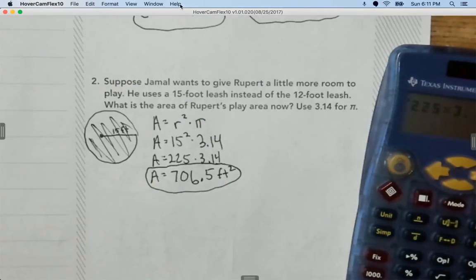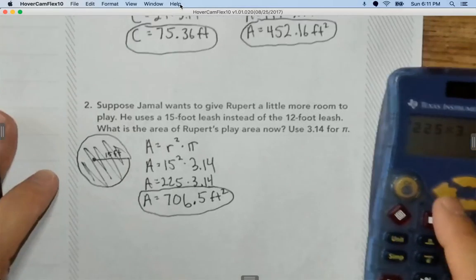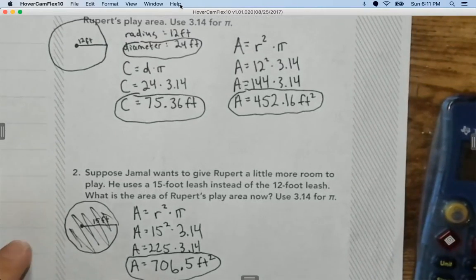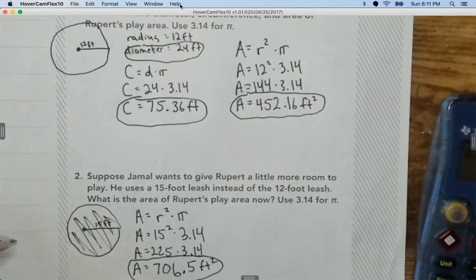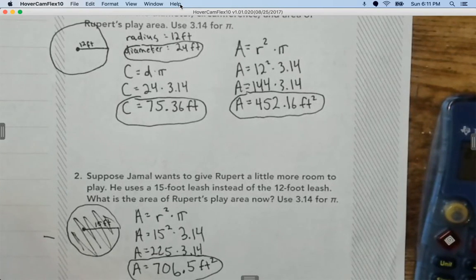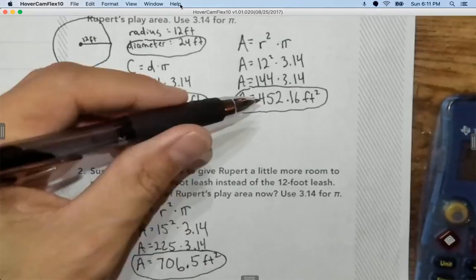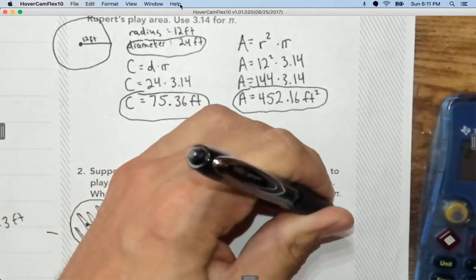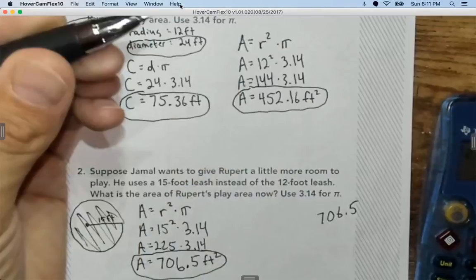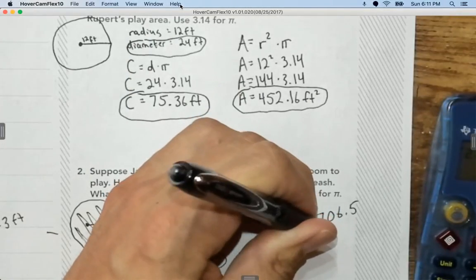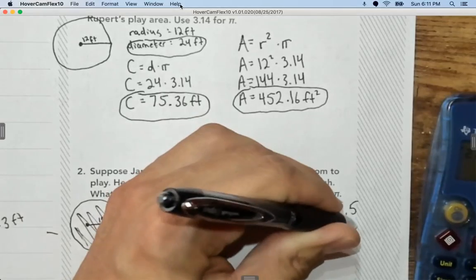And holy cow, I know it's not asking for it, but you see how crazy this is? This one was 3 more feet, but look at the difference here. We have 706 minus 452.16.